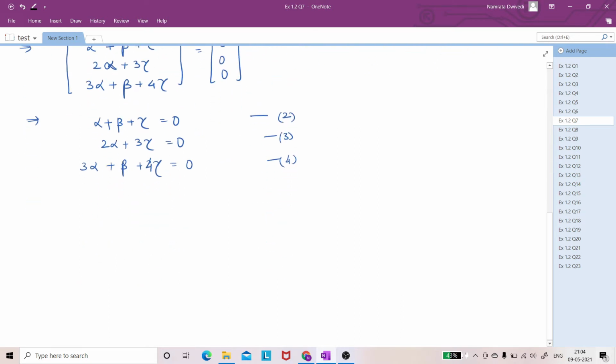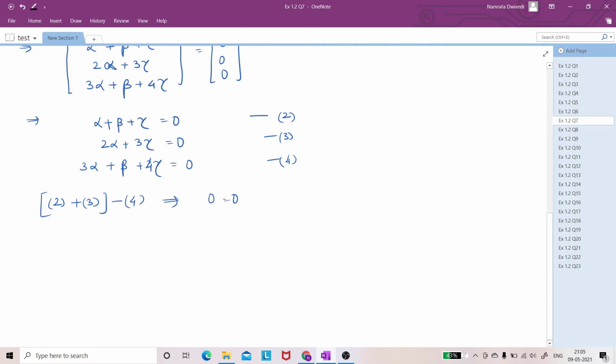Now here if you observe, if we add 2 and 3 and then subtract 4, this would imply 0 equals 0.